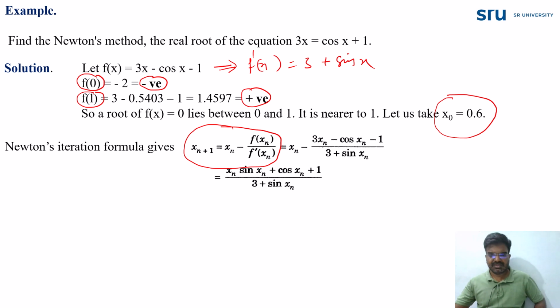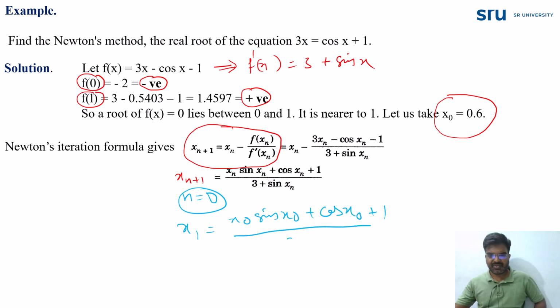Now, this is the formula: x n plus 1 equals to. For the first approximation, I have to put n equals to 1. If I substitute n equals to 1, I can find x1. Not n equal to 1, I have to put n equal to 0. If I put n equal to 0, I get x1 equals x naught minus 3 x naught minus cos x naught minus 1 by 3 plus sine x naught.